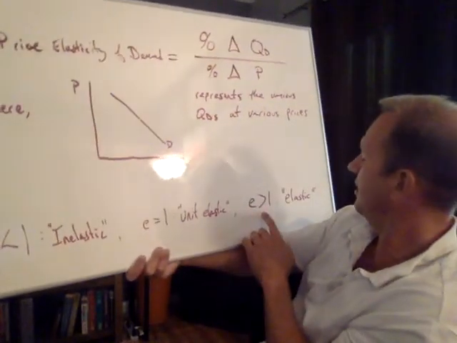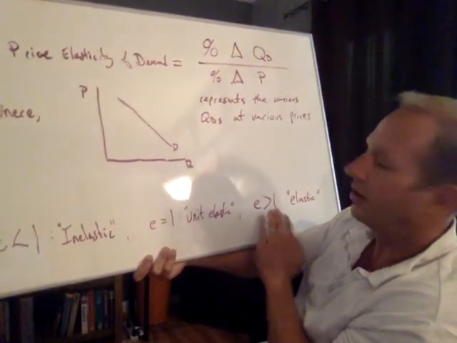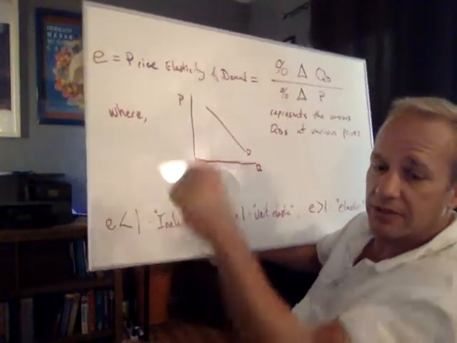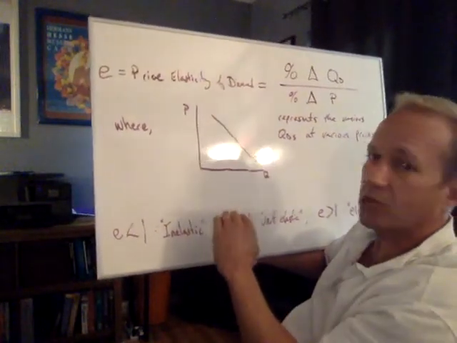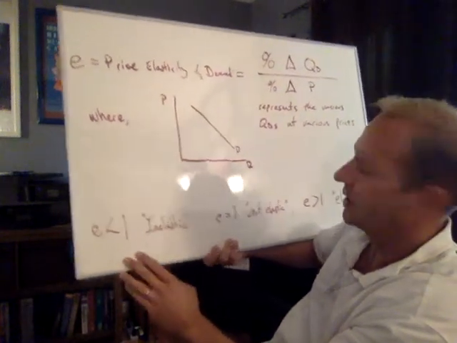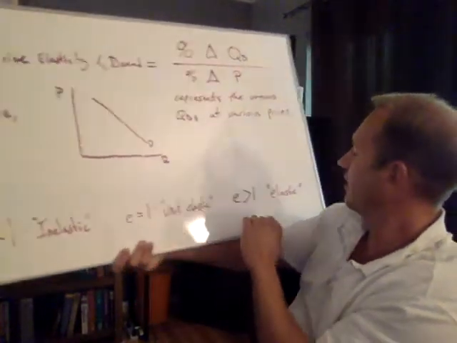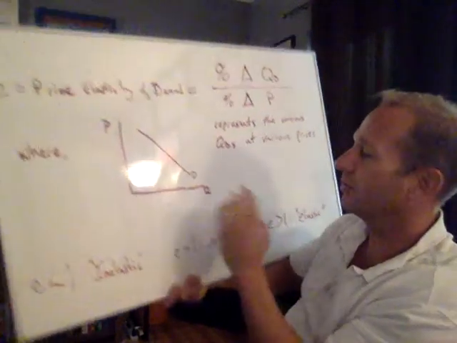If the elasticity that we calculate comes out to be greater than 1, we call that elastic. Inelastic is unresponsive, like the marker was. The consumers aren't going to change the quantity that they purchase very much if they're not responsive. Elastic means very responsive. They do react quite a bit if the price changes.